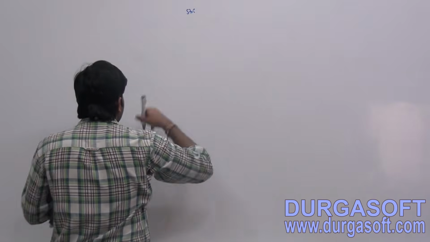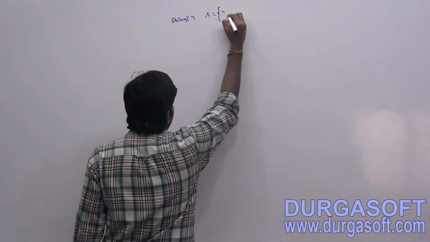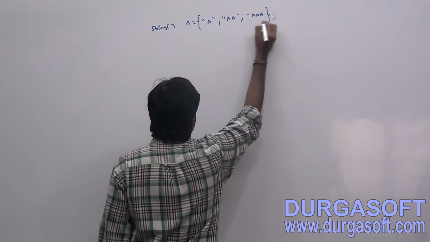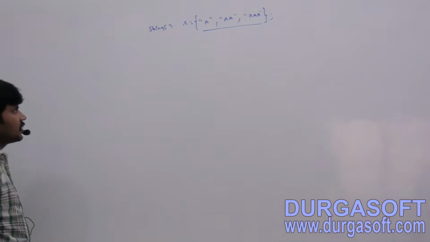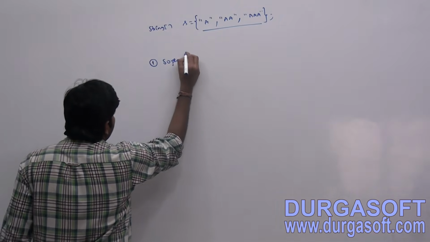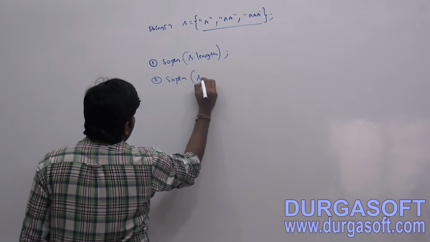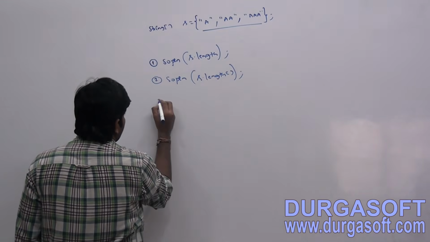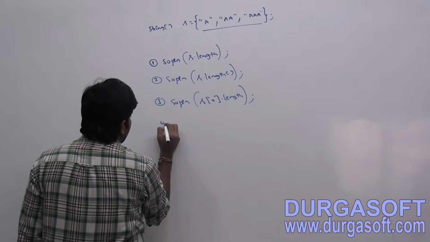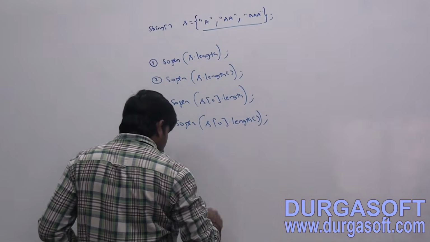I am taking one string array, s is equal to a, and so on, three elements. Now I am taking SOP of s dot length, SOP of s dot length(), and SOP of s of 0 dot length, and s of 0 dot length().